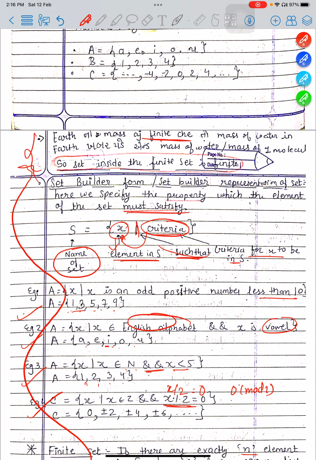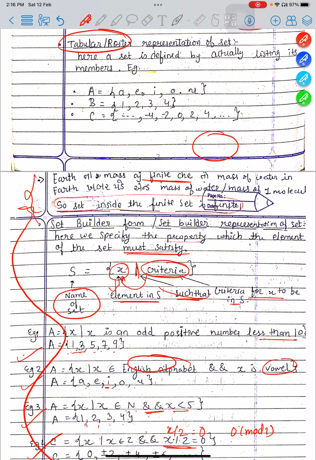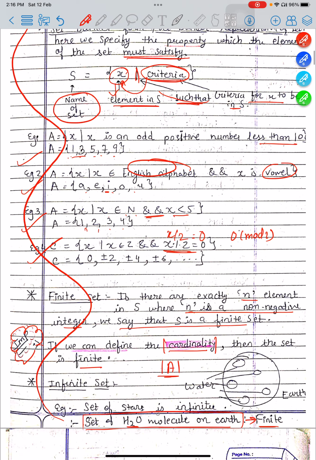If Earth itself is a finite set, then water is just a subset of the finite set of Earth. So the water itself is finite, therefore water molecules are finite. We can also find the number of water molecules by dividing the total weight of the water by the mass of one molecule of water.